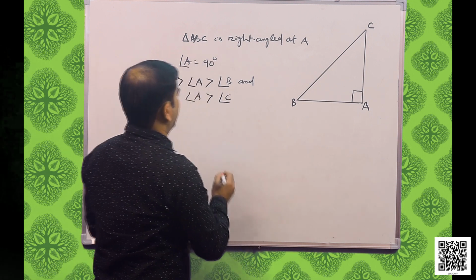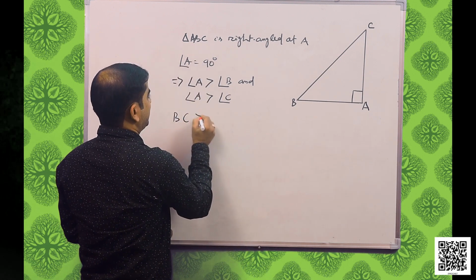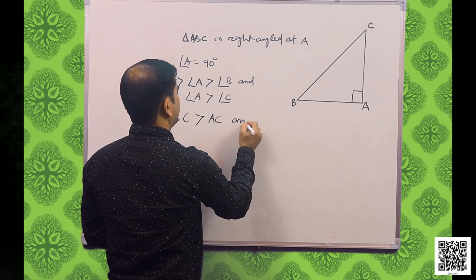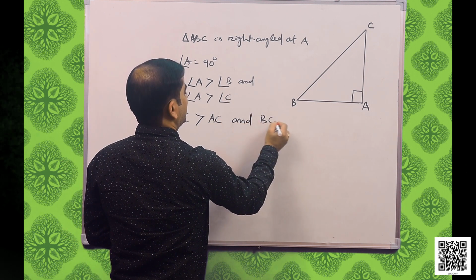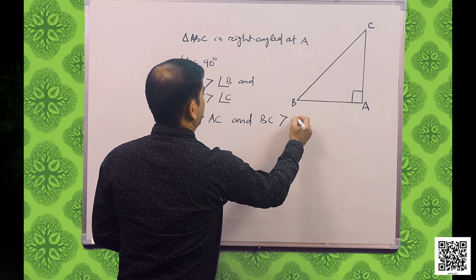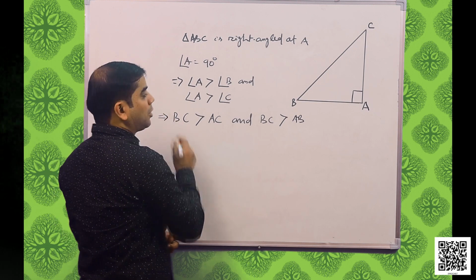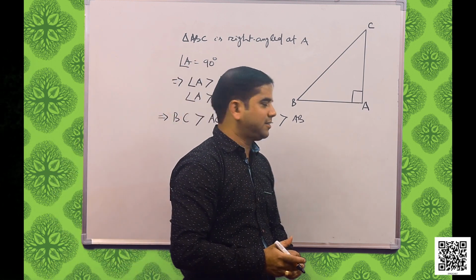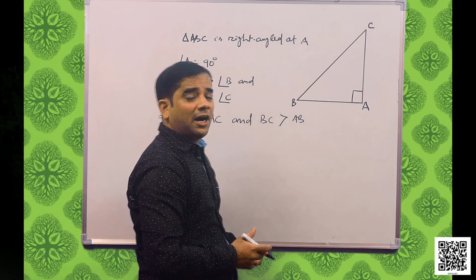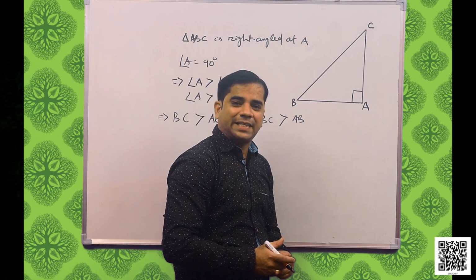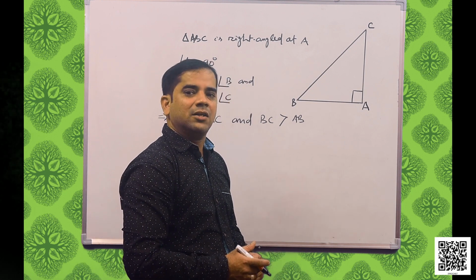So, this implies BC is greater than AC and BC is greater than AB as well. Why? Because we have already discussed that the side that is opposite to the greatest angle of a triangle is the longest.